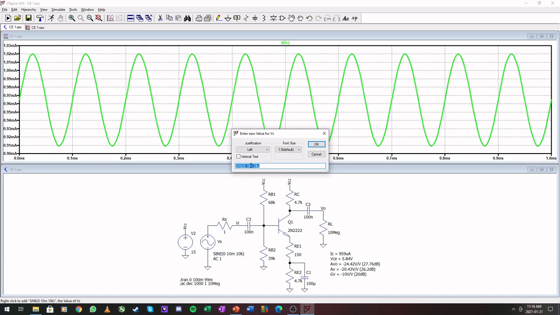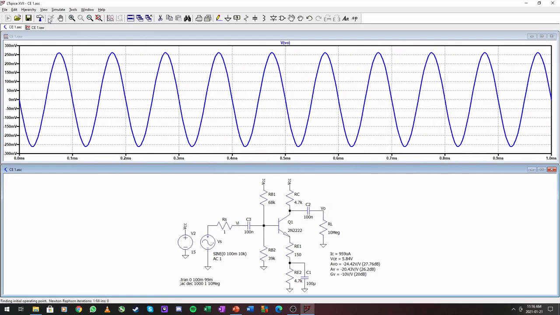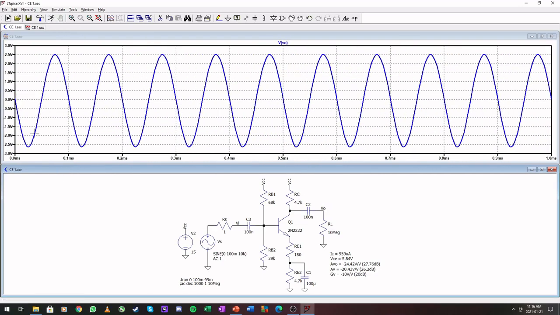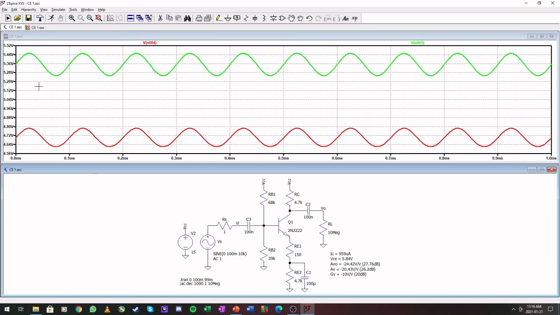Now just to show you the input here, let's make that 100 millivolts and run this, and you can still see that the input is kind of linear. That is due to this resistance right here, that we don't have the full input signal on the pi here.